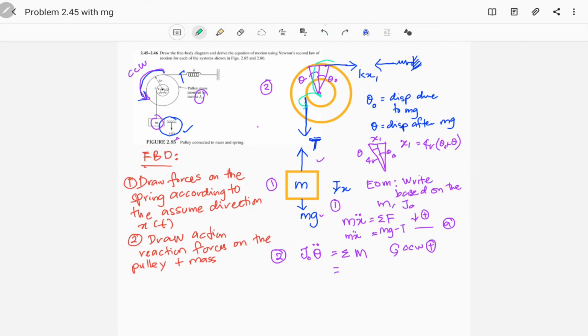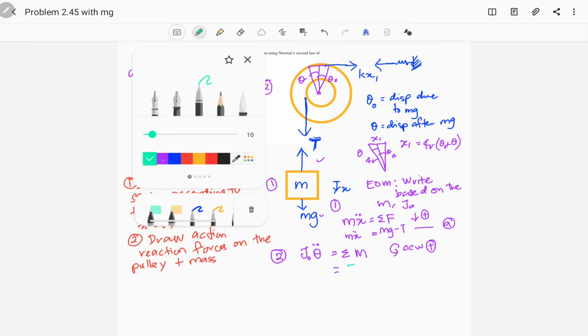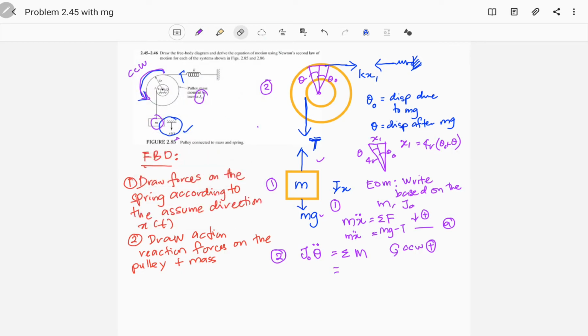So we can write now. The T will be counterclockwise, so positive. Don't forget, T is your force, so you have to multiply it with your R.